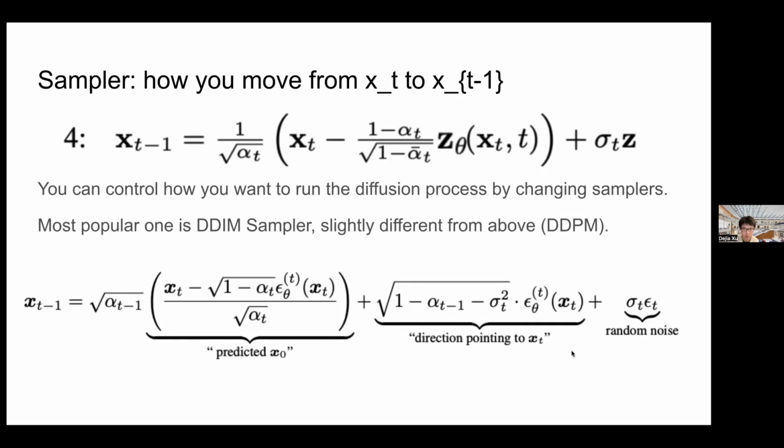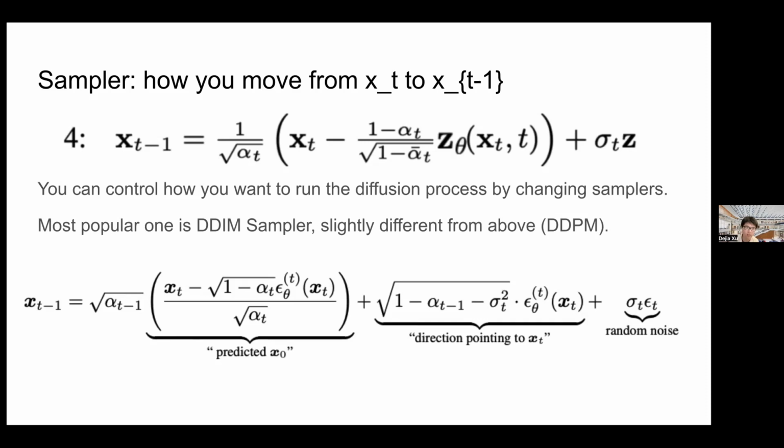And the last part is random noise. This random noise basically guarantees the randomness inside our generation. And another good thing about the DDIM sampler is that we can actually remove this noise component. If we remove this noise component, the whole generation process is deterministic, which means that if you sample a starting noise at capital XT, then it has a one-to-one mapping with the final X0 image you get.